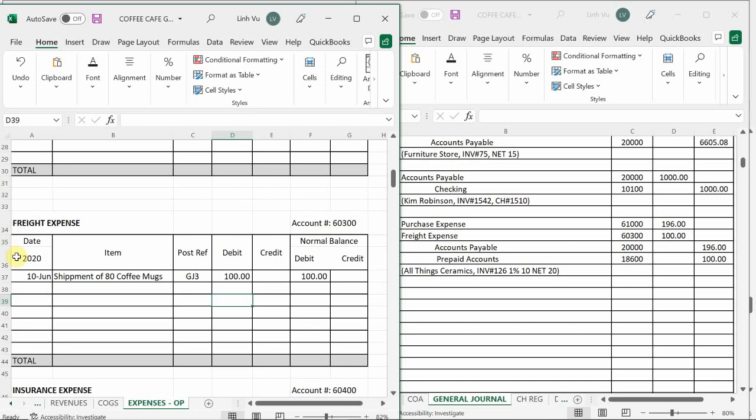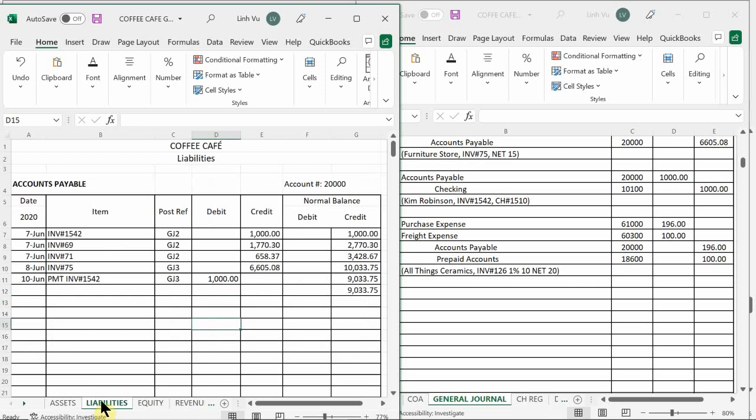Next, we acknowledge that I received a bill and now owe more money to All Things Ceramics. We received invoice number 126, General Journal 3.